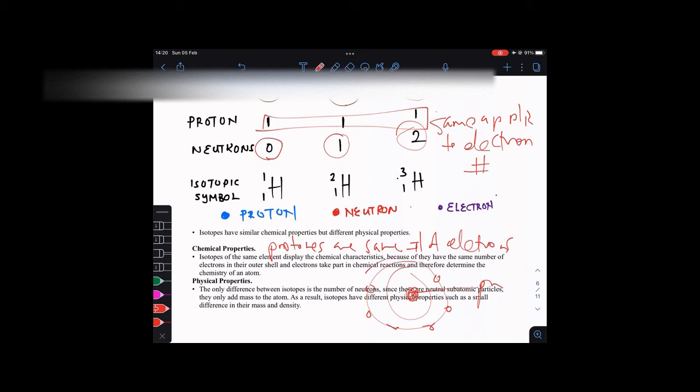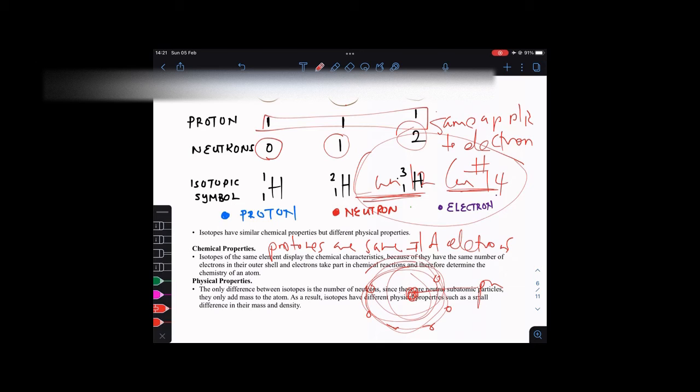For chemical properties, these electrons are involved in a chemical reaction. Because they are involved in a chemical reaction, there is the same number for each and every isotope. Let's say carbon 12 and carbon 14. These have similar chemical properties because they have the same number of electrons which are involved in a chemical reaction.